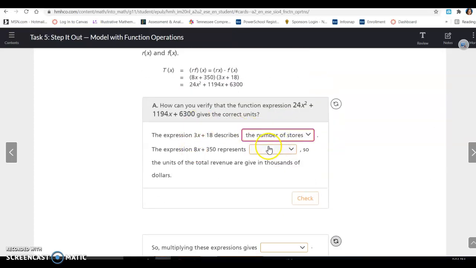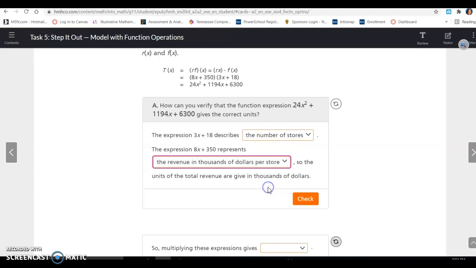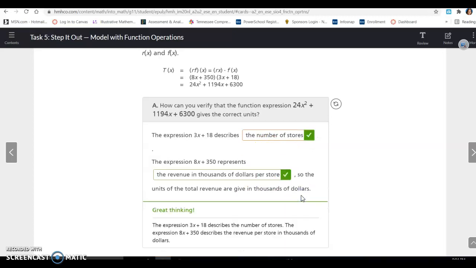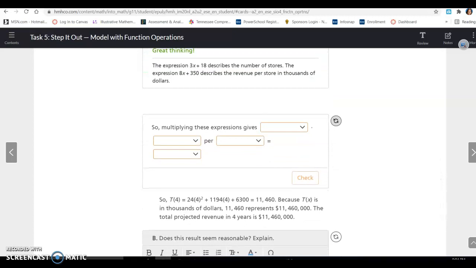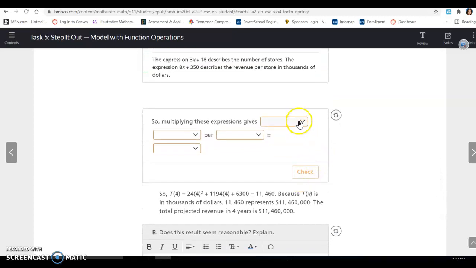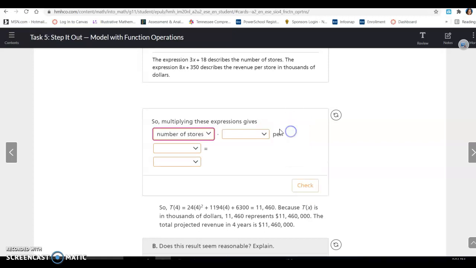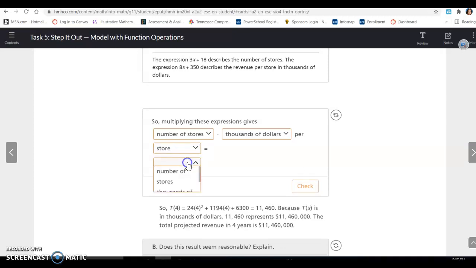So the expression here is the revenue in thousands of dollars. All right, it says, so multiplying these expressions gives the number of stores times thousands of dollars per store equals thousands of dollars.